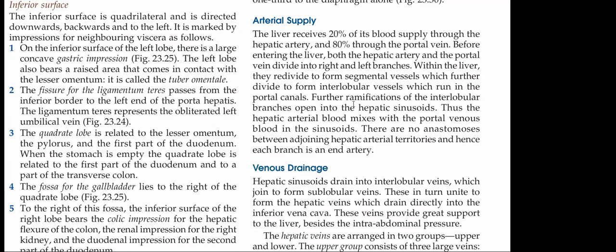Further ramifications of the interlobular branches open into the hepatic sinusoids. Thus, the hepatic arterial blood mixes with the portal venous blood in the sinusoids. There are no anastomoses between adjoining hepatic arterial territories, and hence each branch is an end artery.